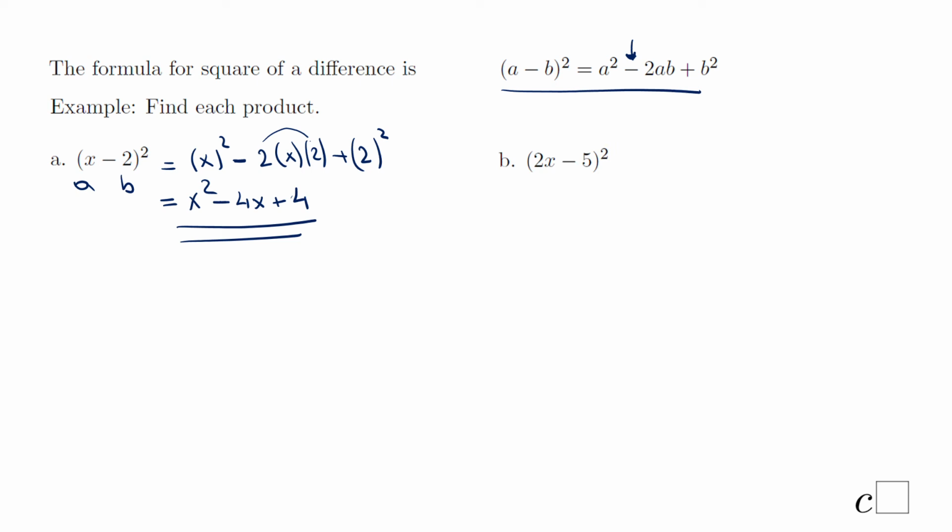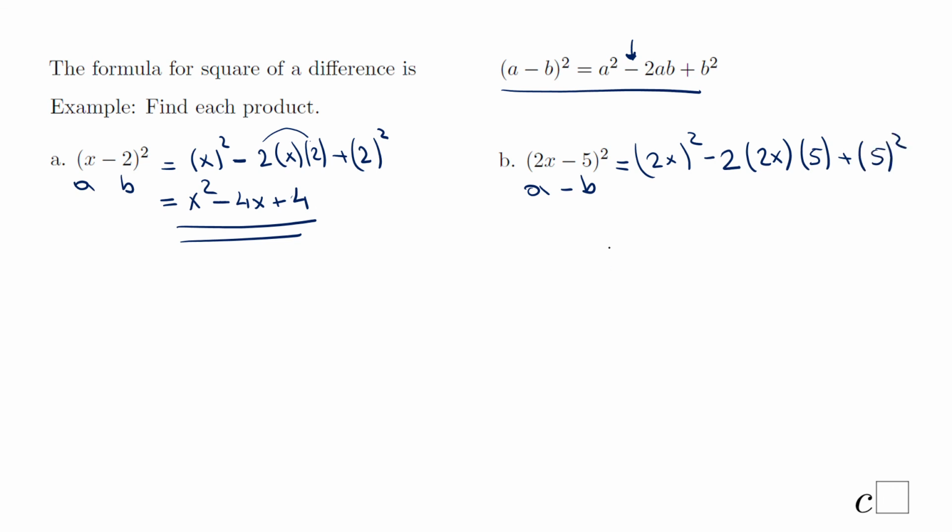And let's take a look at B. A minus b, the square, that will be a squared, the quantity 2x squared, minus 2, always that 2, don't forget, ab, with a it's 2x, b is 5, plus b squared.